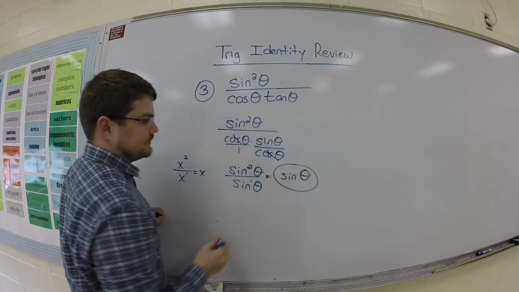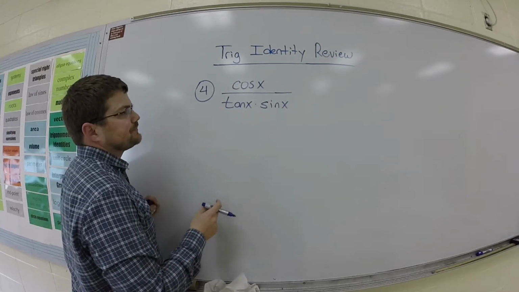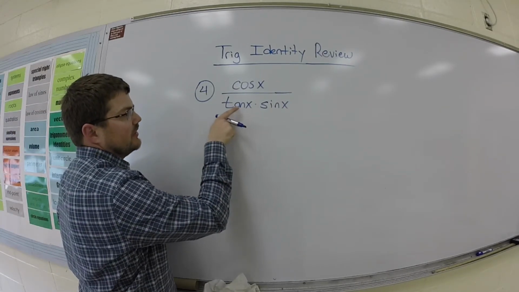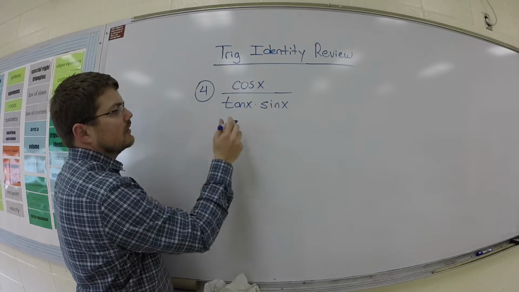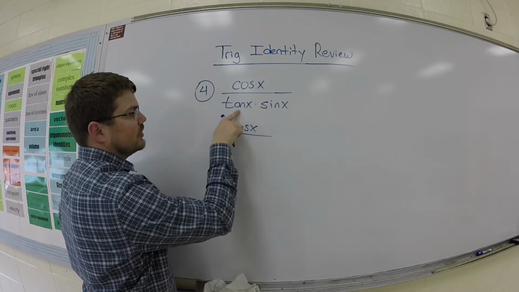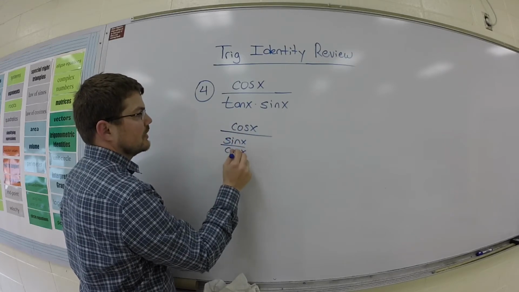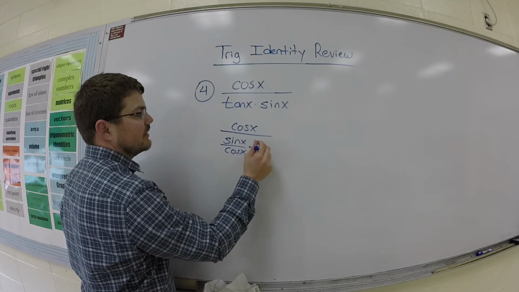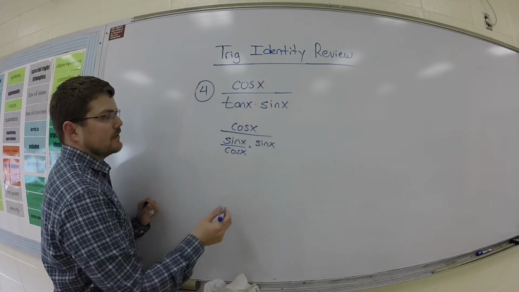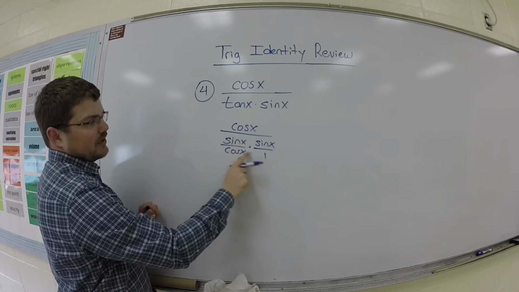All right, number 4, we're going to change tan. So I have cosine x divided by sine over cosine times sine. On my denominator, I'm just multiplying straight across.